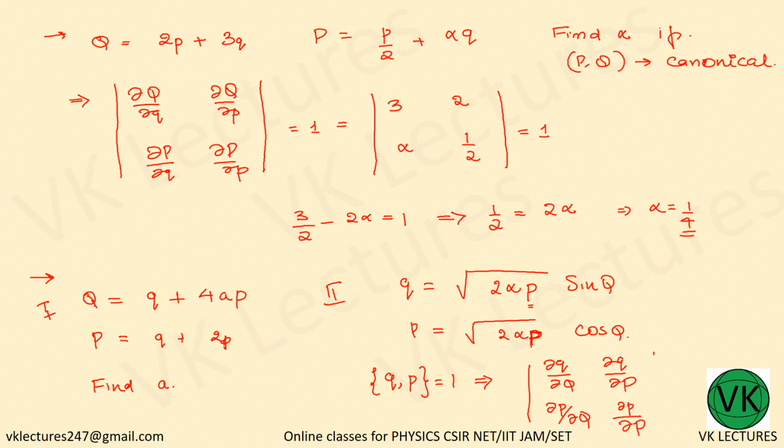This should be equal to 1. So here you need to find out alpha. So find alpha if the transformation is canonical.